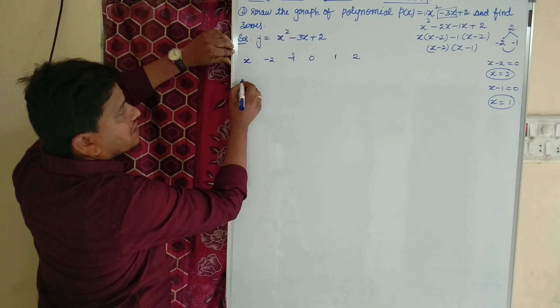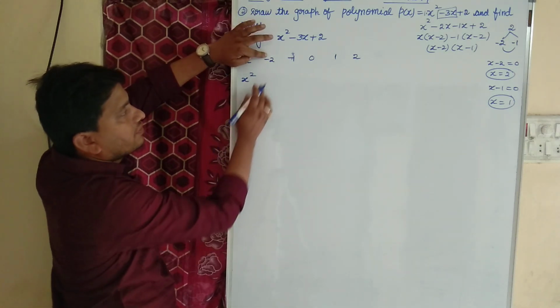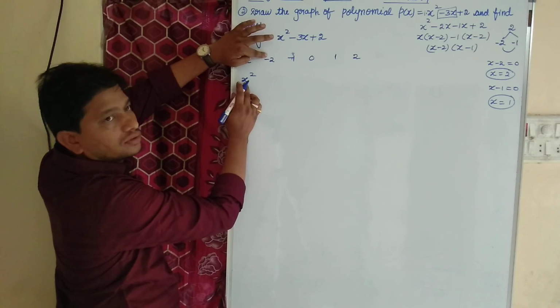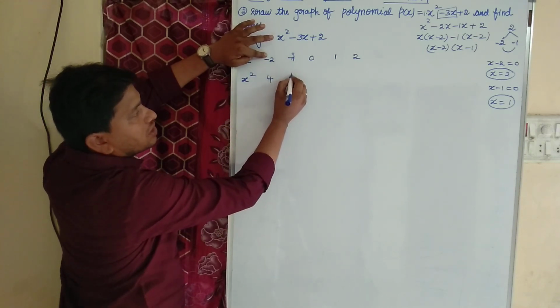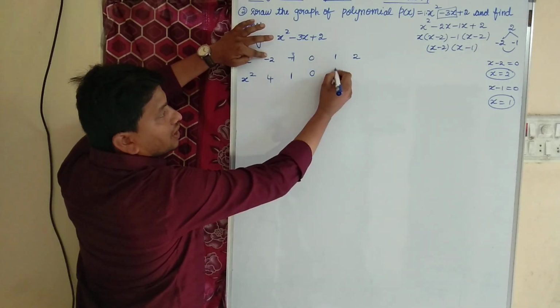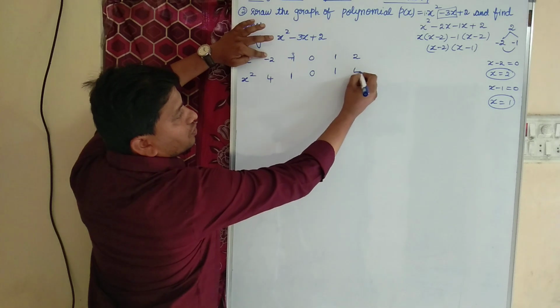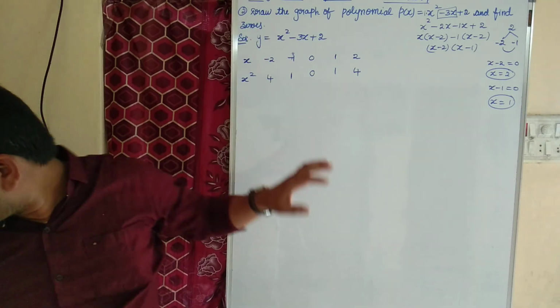The first term is x square. In the place of x, we need to substitute minus 2. Minus 2 whole square means 4. Then minus 1 whole square, 1. 0 square, 0. 1 square, 1. 2 square, 4. Children, are you understanding?